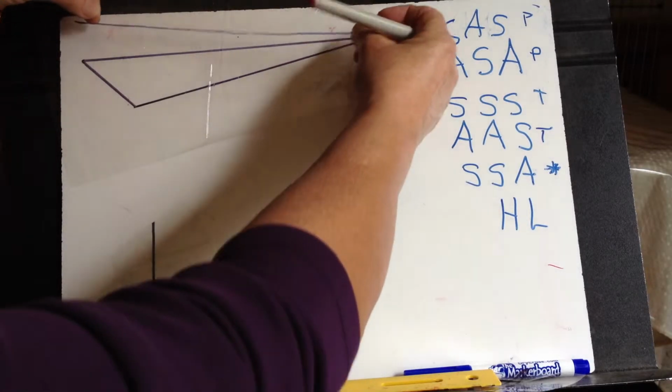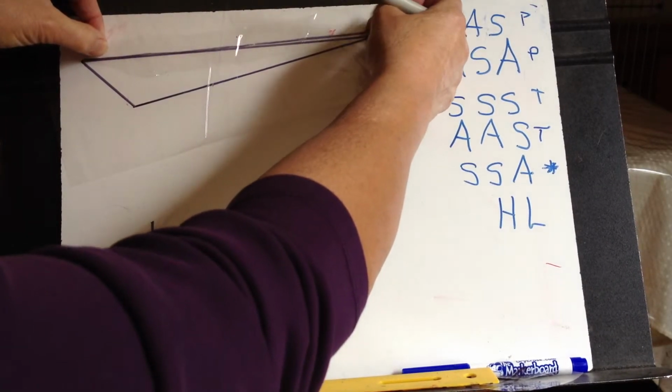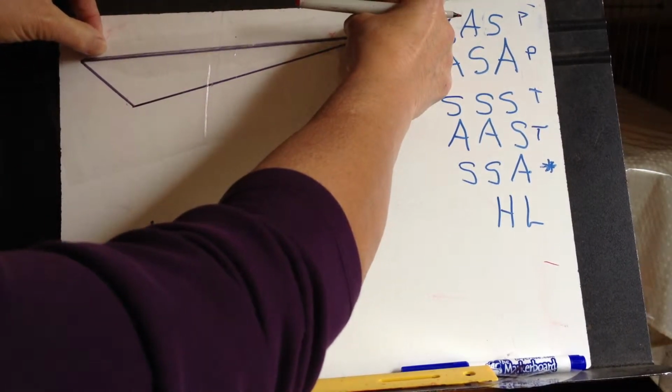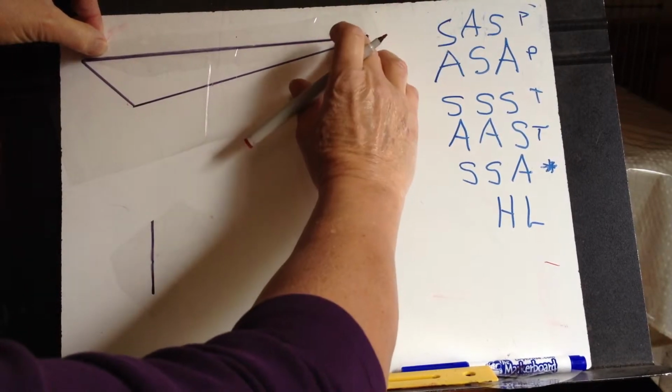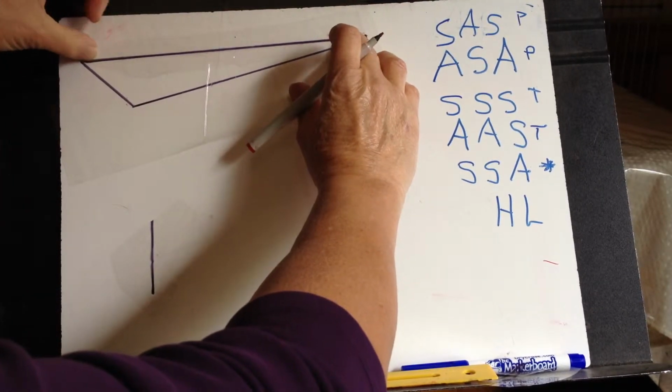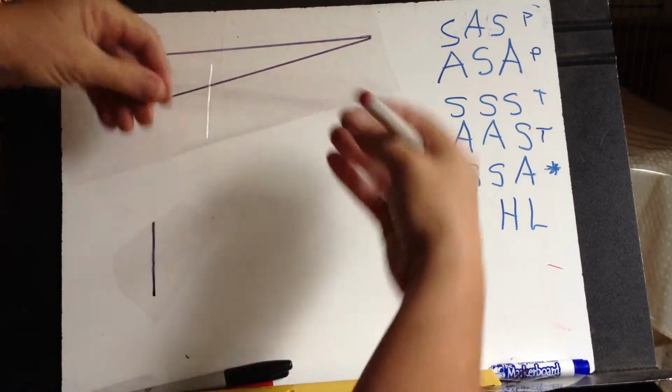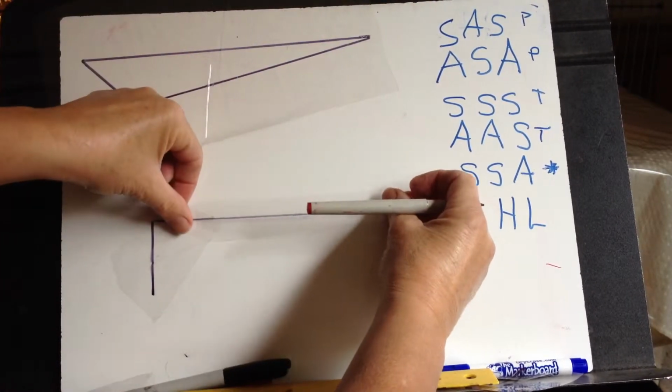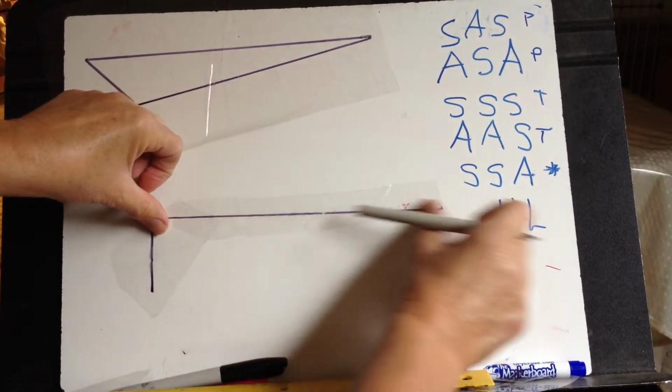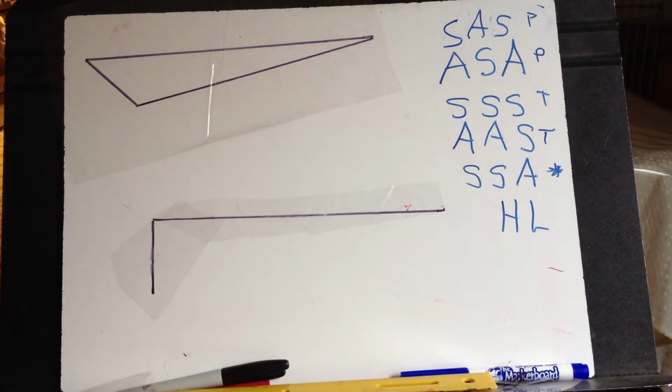And this piece would be, is it that one? That's a little short. Okay, yeah, it's that one. So I'm going to stick that on this triangle here. I'm not trying to copy that angle. I'm trying to see if I can disprove this theorem somehow. All right, here is the third side.